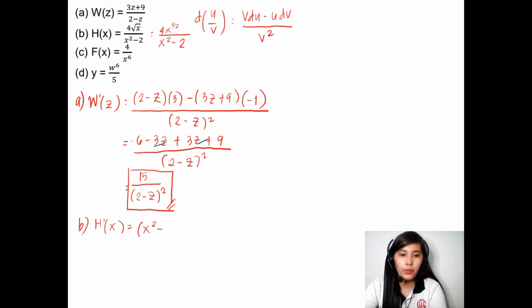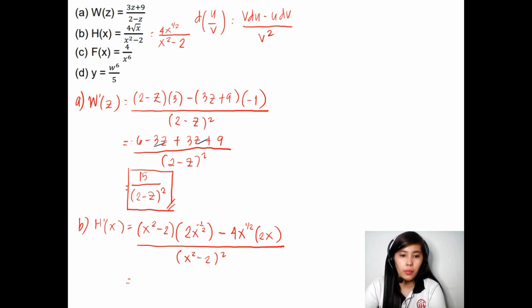The derivative of the numerator is 4 times 1 half, which is 2, x raised to negative 1 half, minus u, that is 4x raised to 1 half, times the derivative of the denominator, that is 2x, all over x squared minus 2 squared.